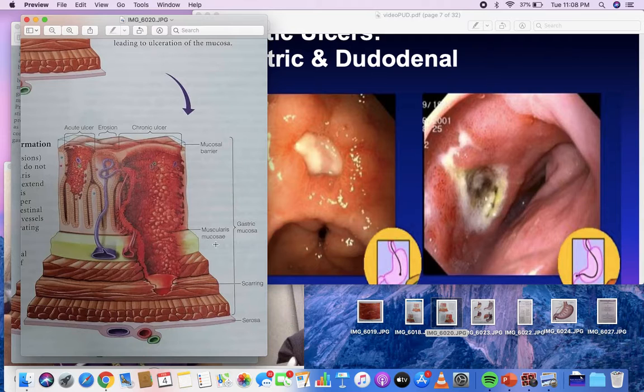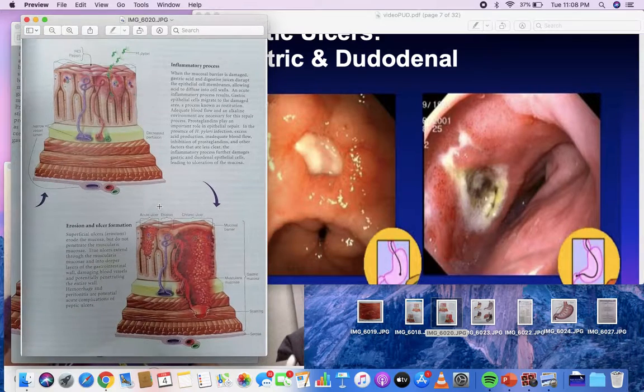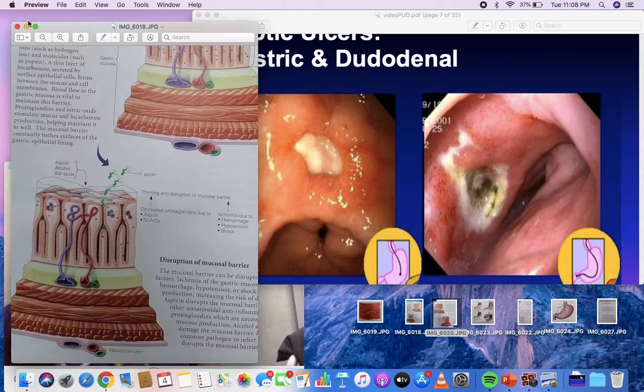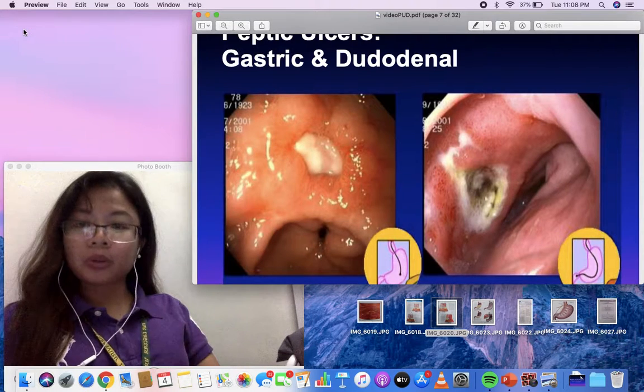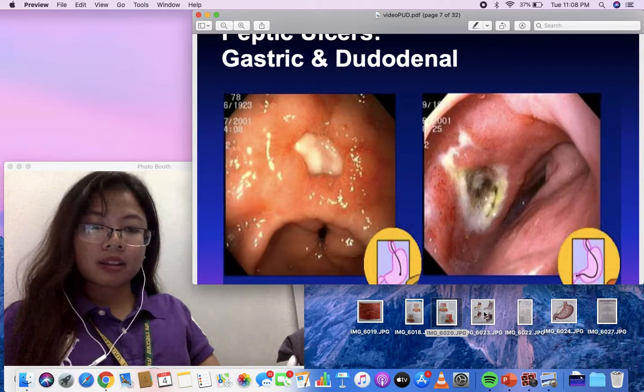True ulcers extend through the muscularis mucosae and into the deeper layers of the gastrointestinal wall, damaging blood vessels and potentially penetrating the entire wall. Hemorrhage and peritonitis are potential acute complications of peptic ulcers. Okay, so for the brief description of pathophysiology, I can show you this one.